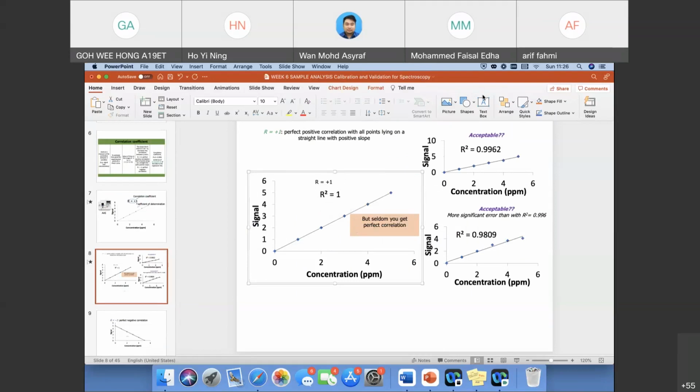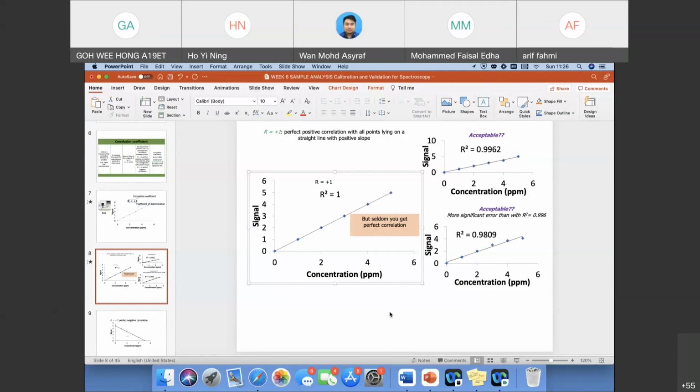Anyone want to try? Yes, doctor. R square equal to 1 is okay, but you would not get that.